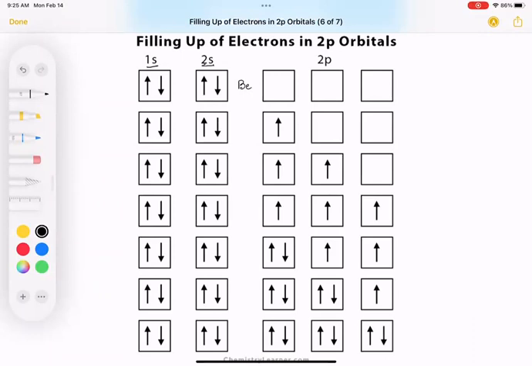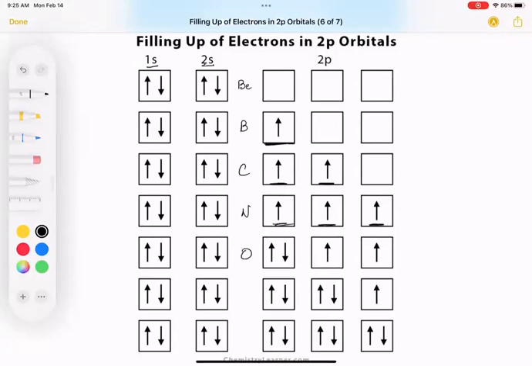The next one is boron. And with boron, you get your first P. So you put 1 in the P subshell, one of the orbitals. Then you get to carbon. So here's where we're talking about 1 electron going into each orbital before pairing. Then you have nitrogen. So you have 1 in each one.